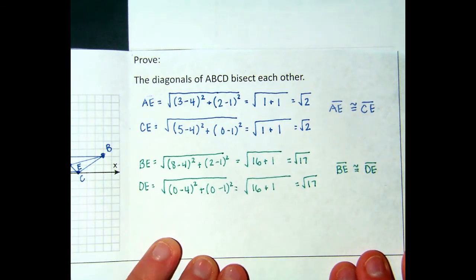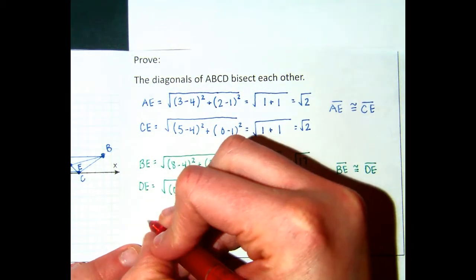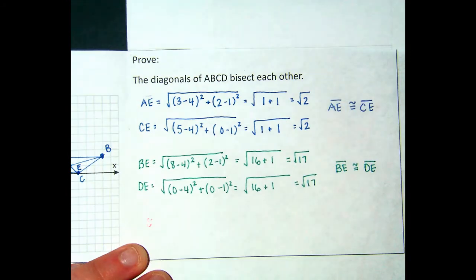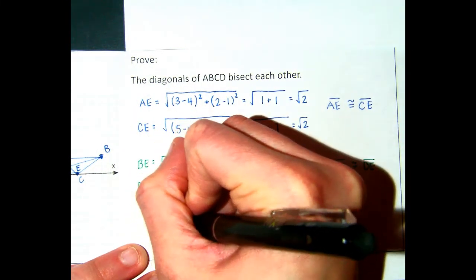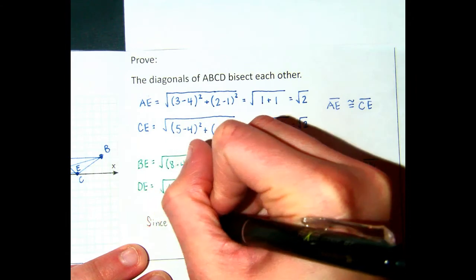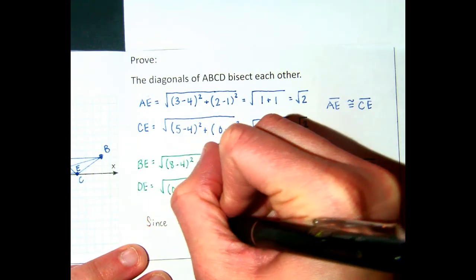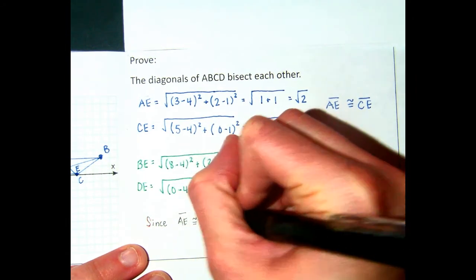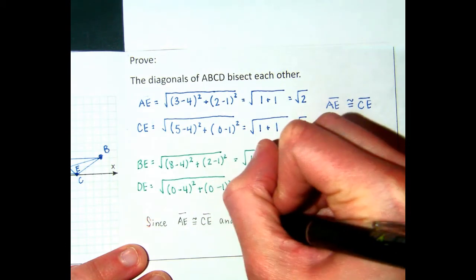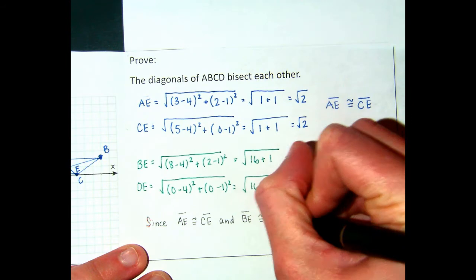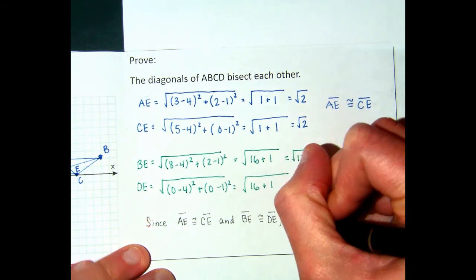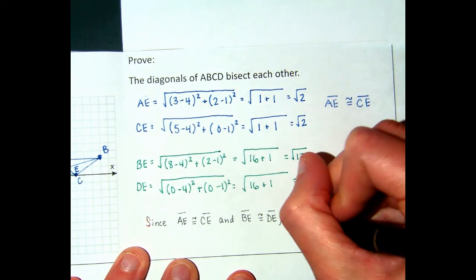Good. Since AE is congruent to CE and BE is congruent to DE, then we know the diagonals do bisect each other.